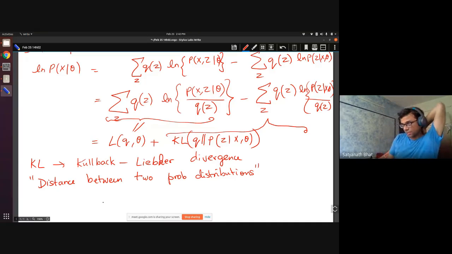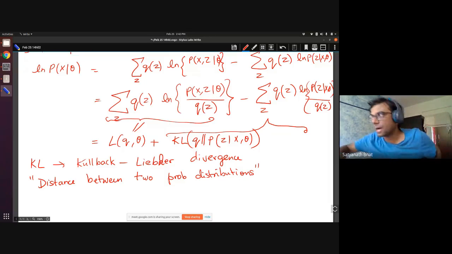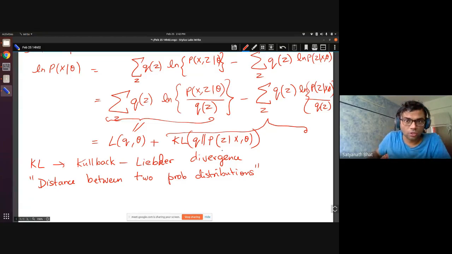If Q and P are two distributions, first let me ask people: P(z | x, theta) is also a distribution on z, and Q is also a distribution on z. Does everybody understand this idea? Q(z) is a distribution on z, and even P(z | x, theta) is a distribution on z. Is this idea clear to everybody?